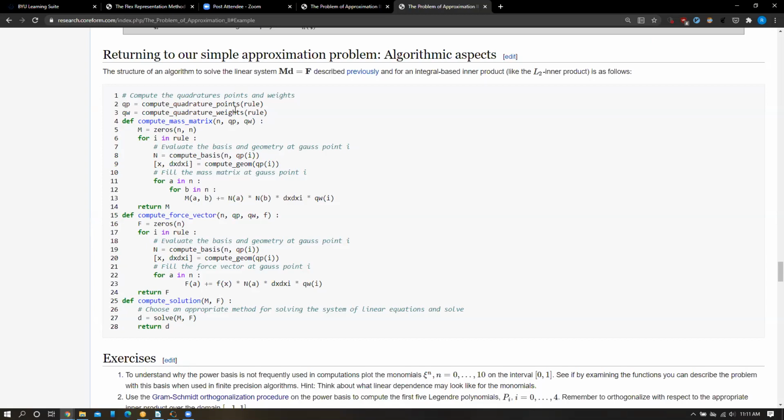So you're going to want to define compute basis first, and you're going to pass it a polynomial degree n and an xc value between -1 and 1, and you're going to evaluate the basis there and return an array. N is an array, and it contains all of the basis functions evaluated at that quadrature point.